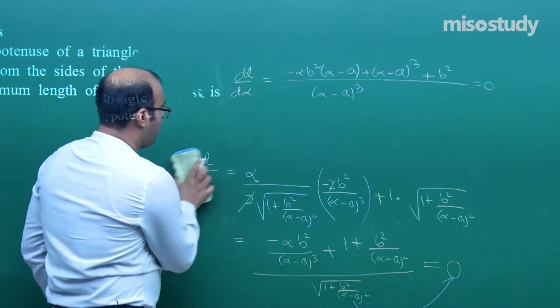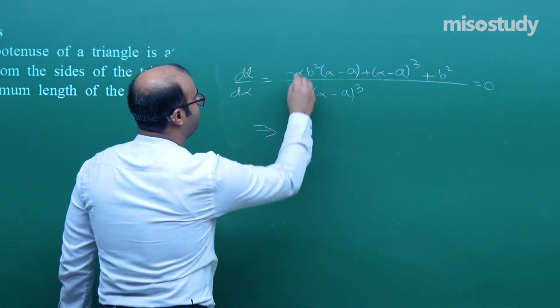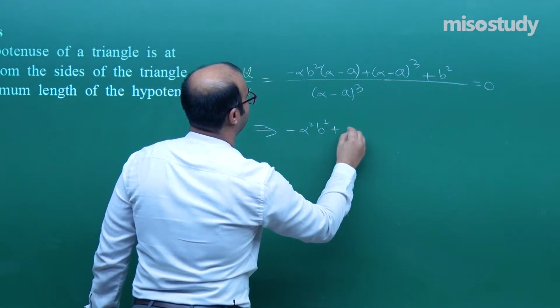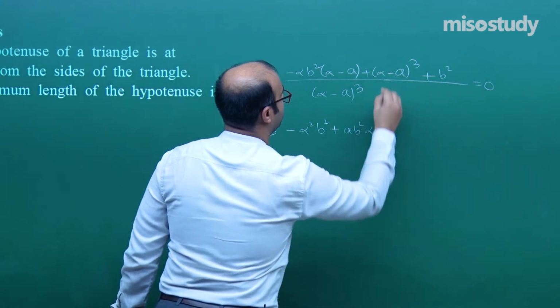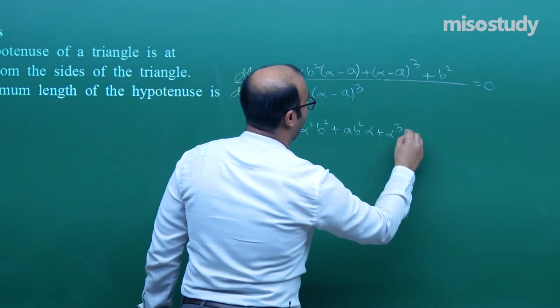So let us find out alpha. This will become minus alpha square b square plus a b square alpha. This will become alpha cube and this will become minus a cube.